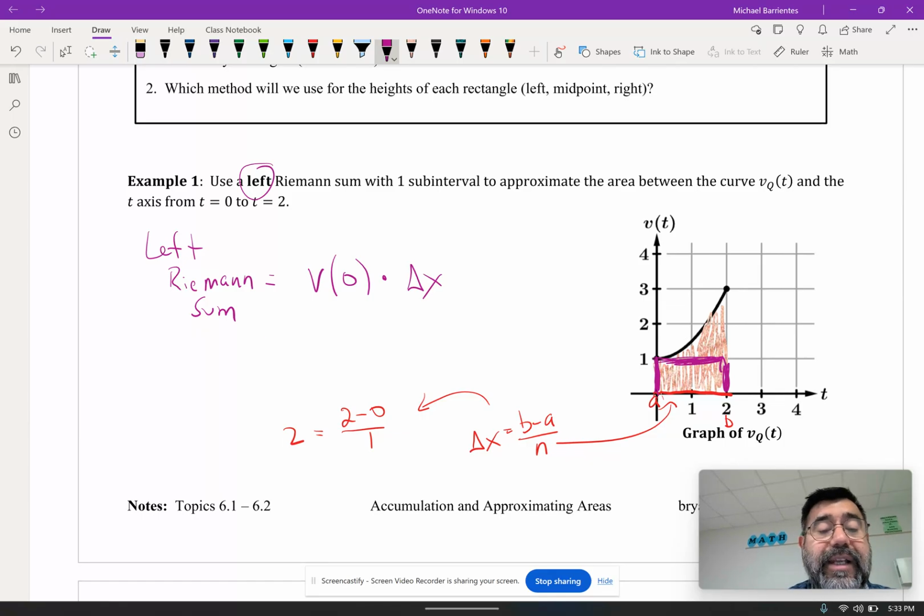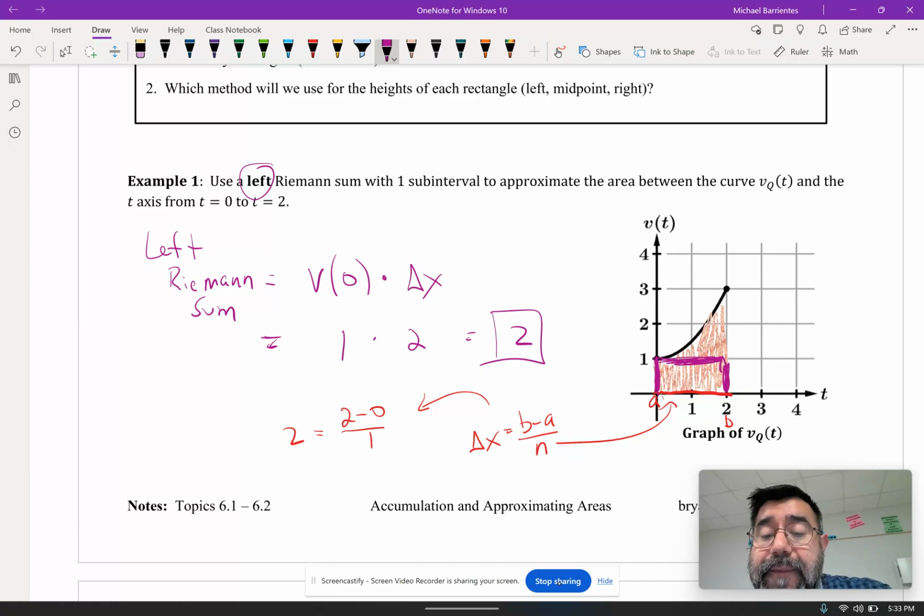Now, we already calculated that the delta x is 2, and we can look at the picture and we know that v of 0 is 1, and so my answer here is 2. So this is my approximation for example 1. The fact that this rectangle has an area of 2, is that the area of the shaded region that we want? Well, no, but it's an approximation. It's an underestimate, and the more rectangles we make, the better the approximation will be.